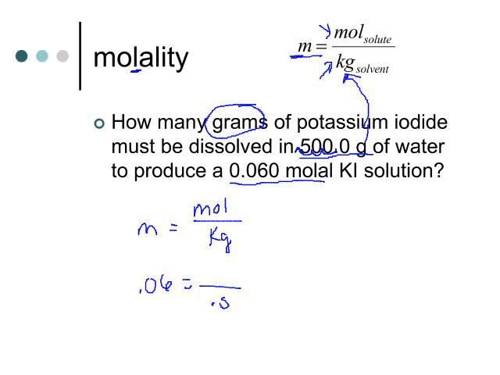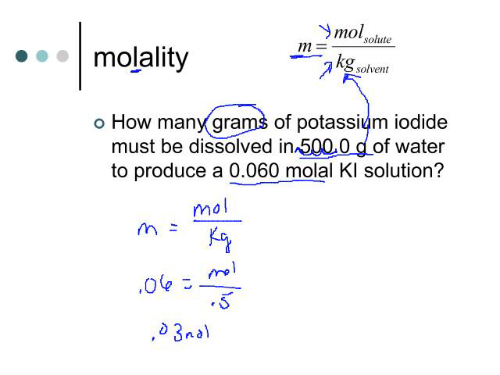So we have 0.5 on the bottom. Mole is what we're looking for. How did I know that mole was my unknown? Because I want to know grams. The only way I can find grams is through moles. So when I do my basic algebra and cross-multiply that, I find out that 0.06 times 0.5 is 0.03 moles.